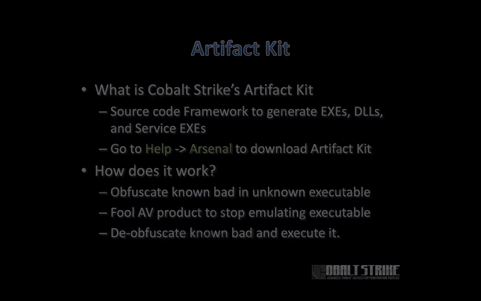To benefit from the Artifact Kit, it really helps to understand how endpoint security products look at executables and DLLs before they are run. And this pre-run caveat is very important because there are certainly detection events and opportunities after an artifact is run.